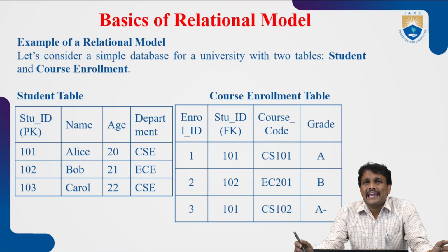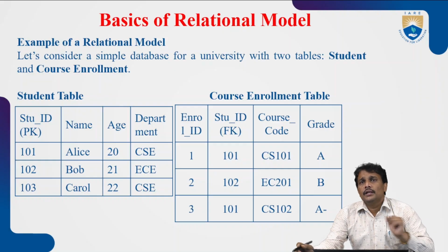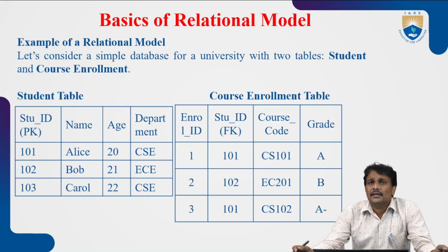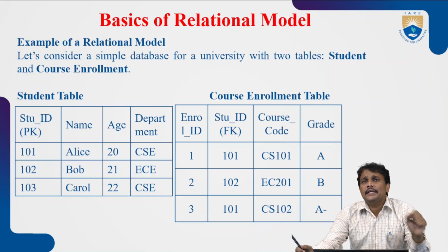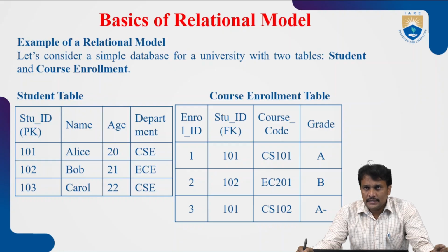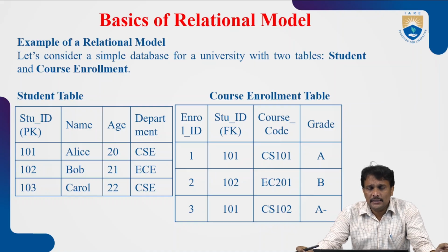And next, examples of a relational model. We consider a simple database for a university with two tables: the student table and the course enrollment table. The student table consists of student ID, student name, age, department. These are the attributes.